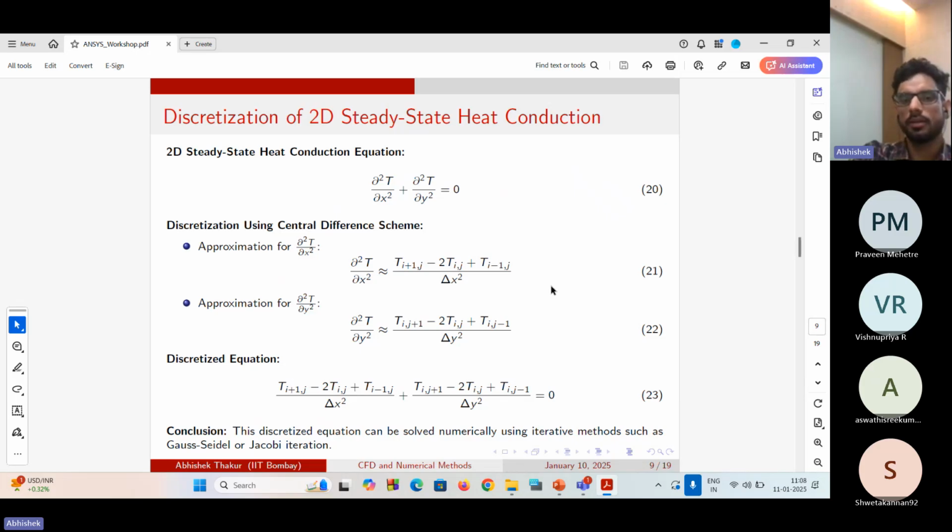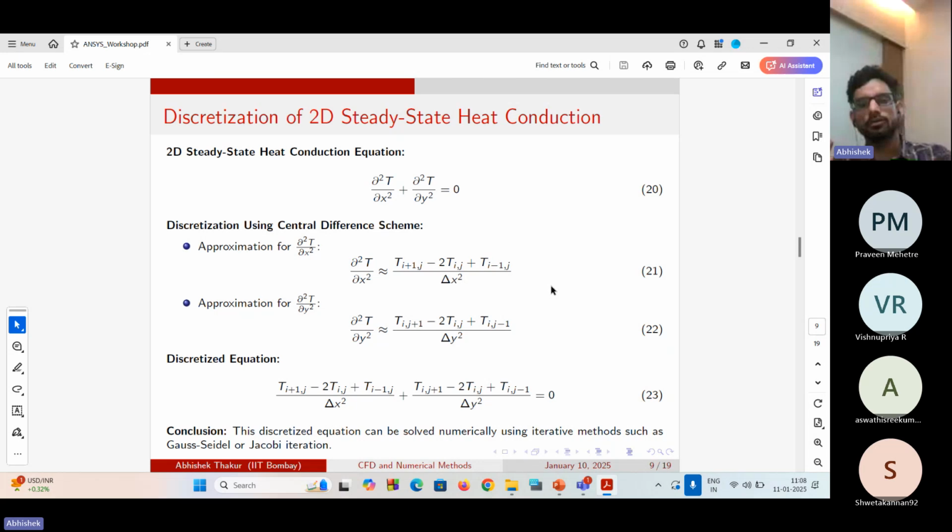We divide the domain, and from the neighboring points, we approximate the derivative at a particular point. And from that, we get the discretized equation, which is at the bottom.